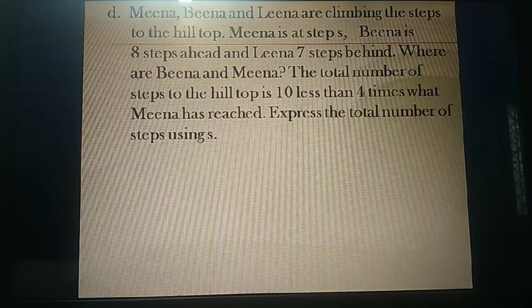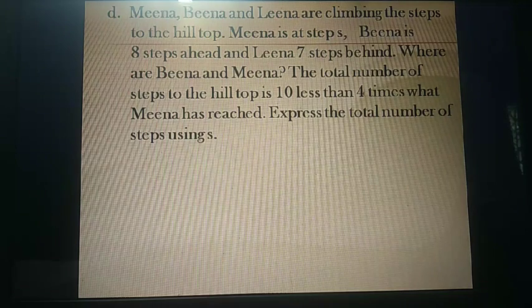Meena, Beena and Leena are climbing the steps to the hilltop. Meena is at step S, Beena is 8 steps ahead and Leena 7 steps behind. Where are Beena and Meena? The total number of steps to the hilltop is 10 less than 4 times what Meena has reached.